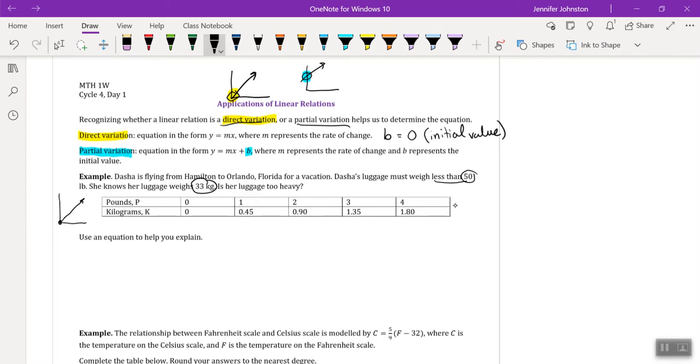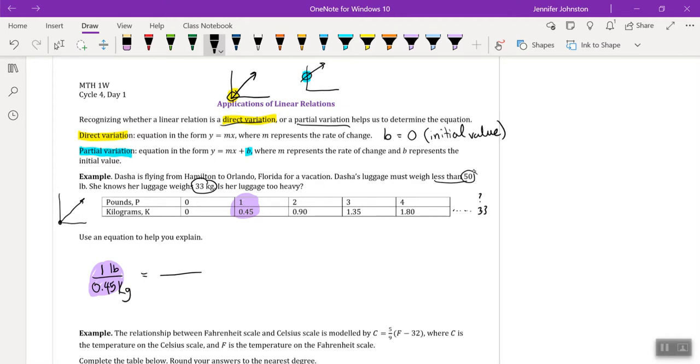All right, so what we're trying to determine here is, if we go up to 33, how many pounds is that? This looks a lot like our last unit with conversions. So here we have our conversion. For every 1 pound, we get 0.45 kilograms. So 1 lb equals 0.45 kg.